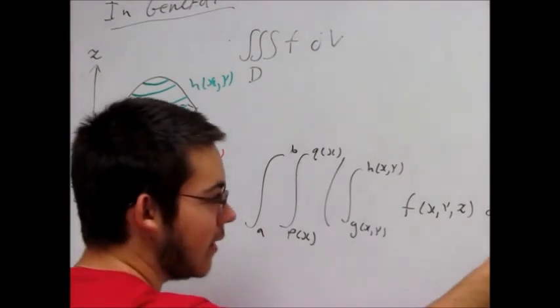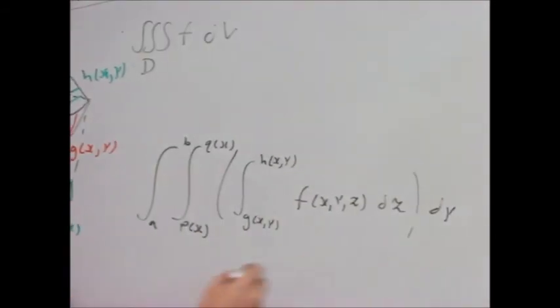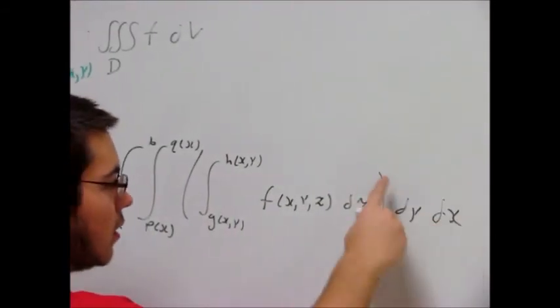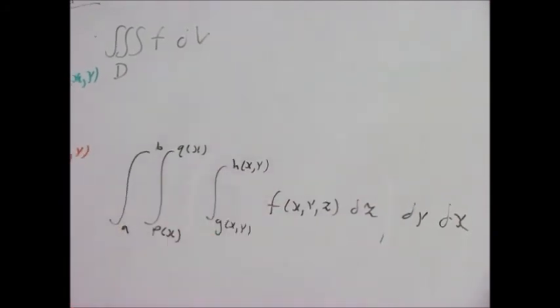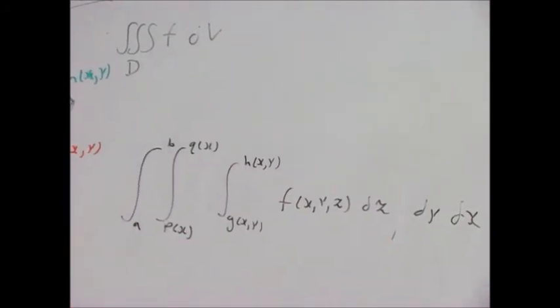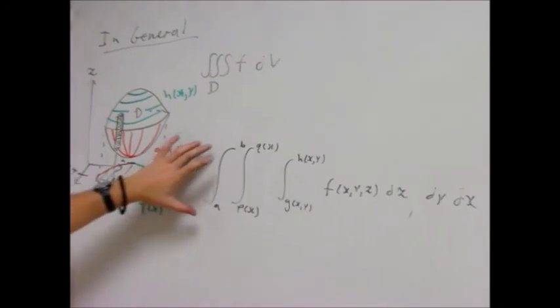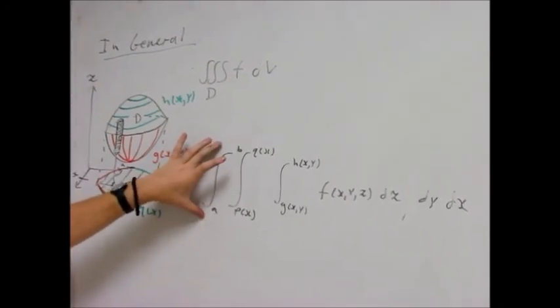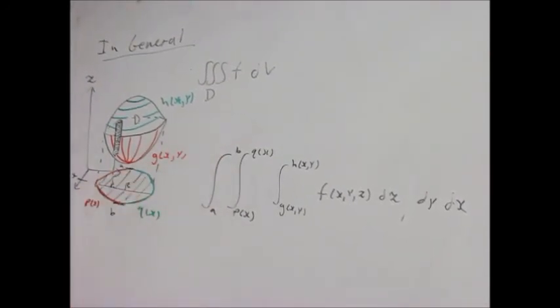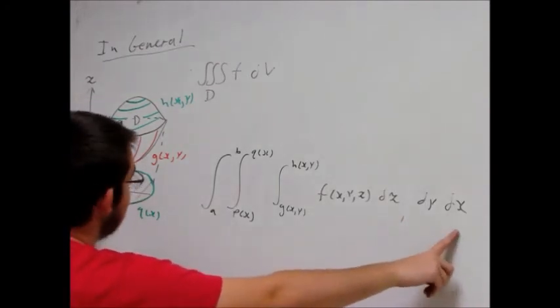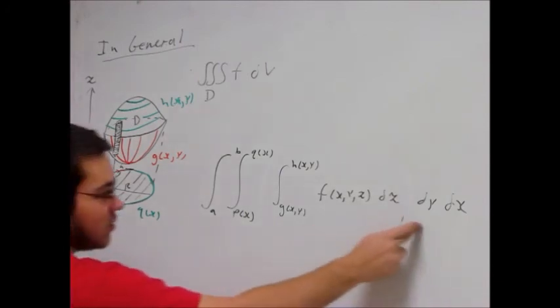That would be dy, and then finally the x values are dx. And you can drop the parentheses. There's always going to be numbers on the very outer integral, because in the end you're going to get a number which corresponds to the volume of this region. And if you were slicing it vertically, you're going to start with z. So it would be zyx, or it could be zxy.